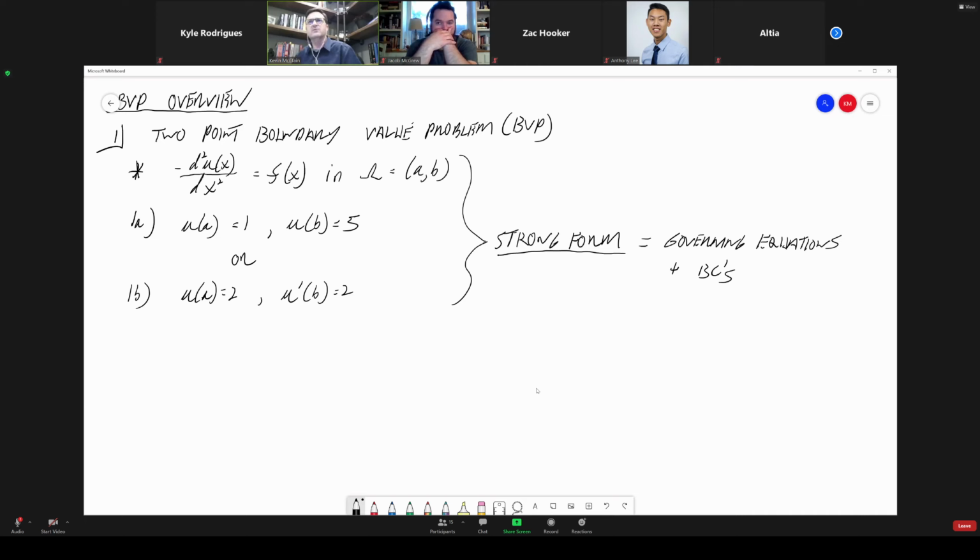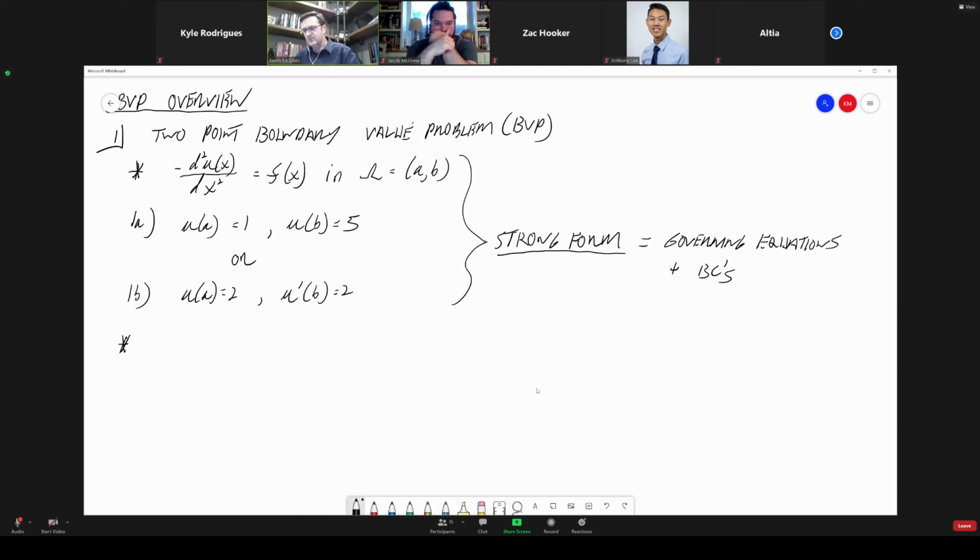But the strong form is the governing equations plus boundary conditions. The strong form is not complete with just the governing equation, and it's not complete with just the boundary conditions. You have to have all of it to have a strong form boundary value problem.